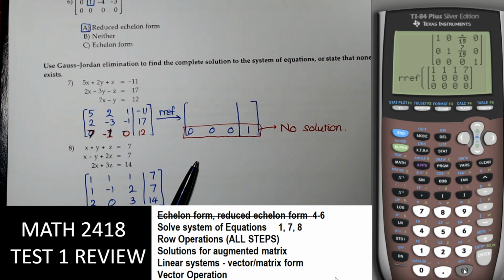So negative 1, 2, 7, 2, 0, 3, and 14. Right. And we have that.